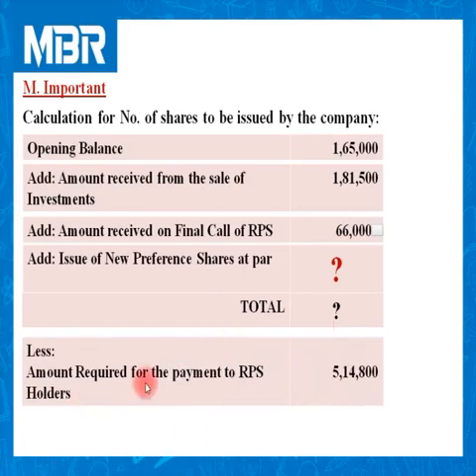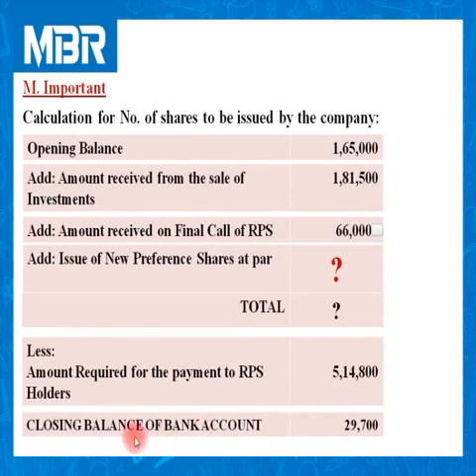Less amount required for the payment to RPS holders, 5,14,800. So closing balance of bank account 29,700, that we need to maintain at the end of our calculation. This information is given to us in our question.